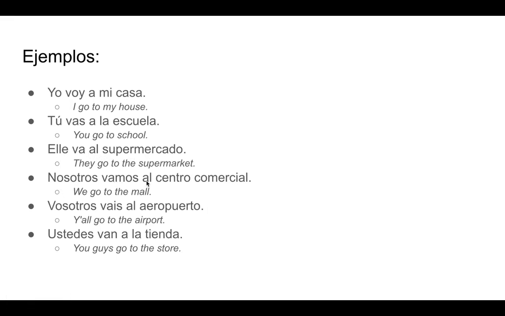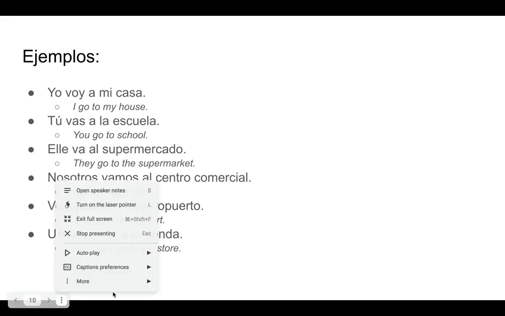Nosotros vamos a, with el, al centro comercial. Vosotros vais al aeropuerto. Ustedes van a la tienda. So that is how I conjugate the verb ir, which means to go, in the present tense.